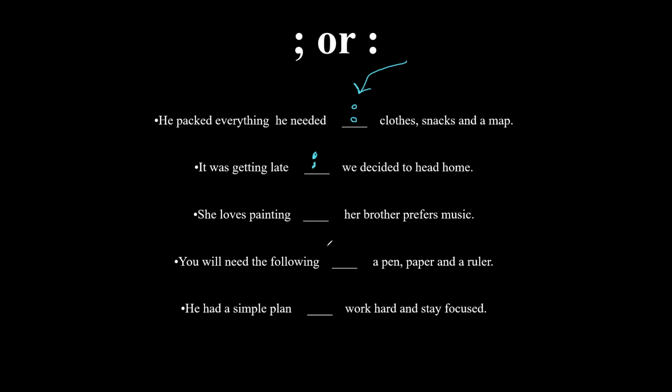Let's look at number 3. "She loves painting. Her brother prefers music." What would go in that gap? A colon or a semicolon? I'm going to type this next one in so it looks a bit neater.